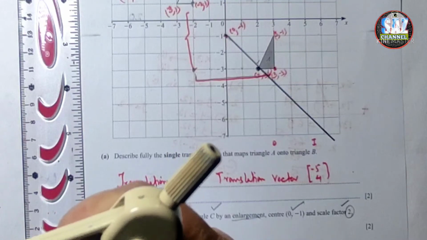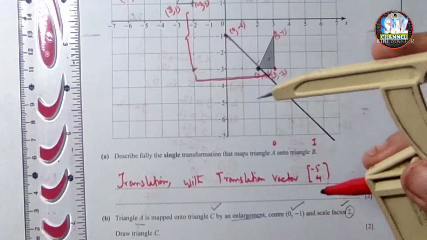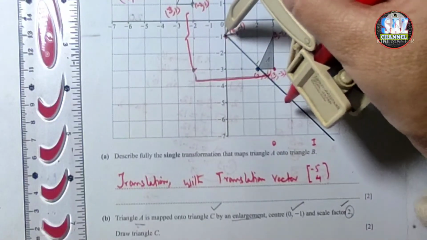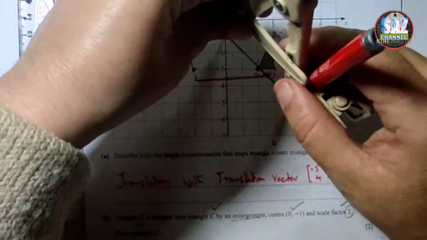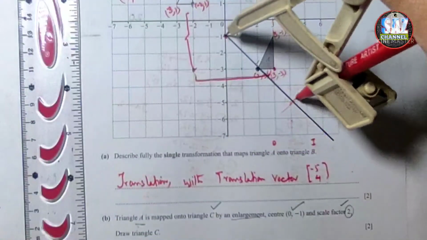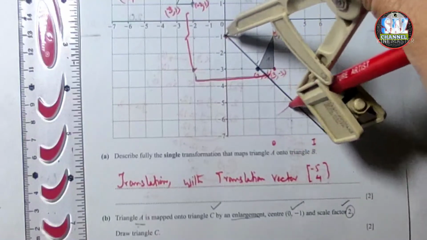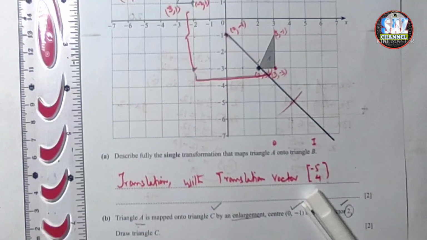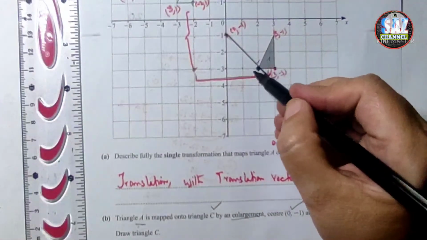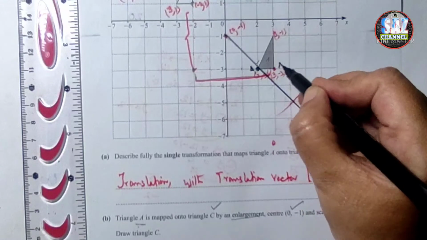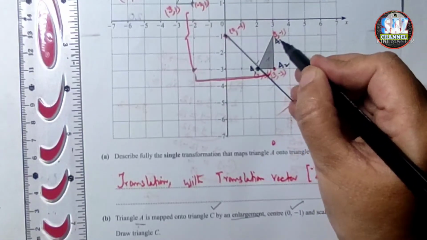So let me open the compass properly. I have to keep the needle of the compass at the center, and then mark the arc. Let me draw it nicely. So for this point, let me make it A1, A2, A3.